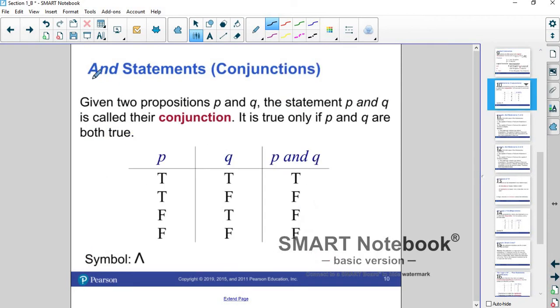So let's take a look at and statements. And is called a conjunction. Now that's a logical terminology. That's not English grammar, where in English grammar you have a lot of conjunctions. And is the conjunction connective. The only time that and is a true statement is if both P and Q are true. Think about it.